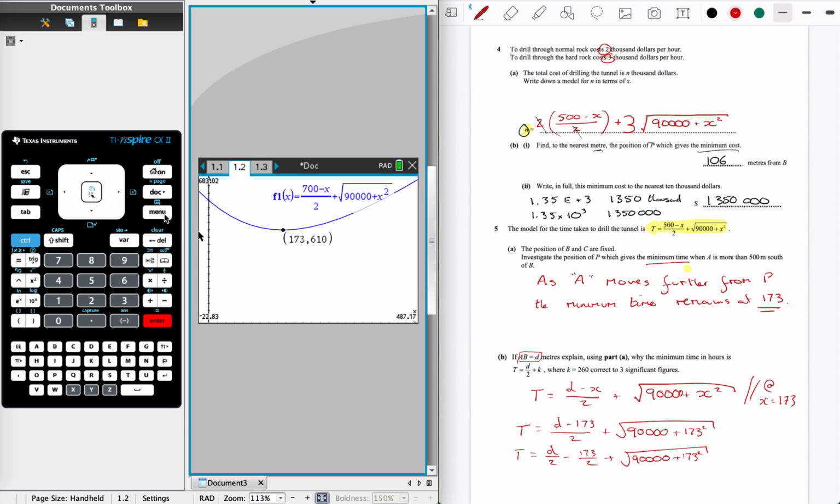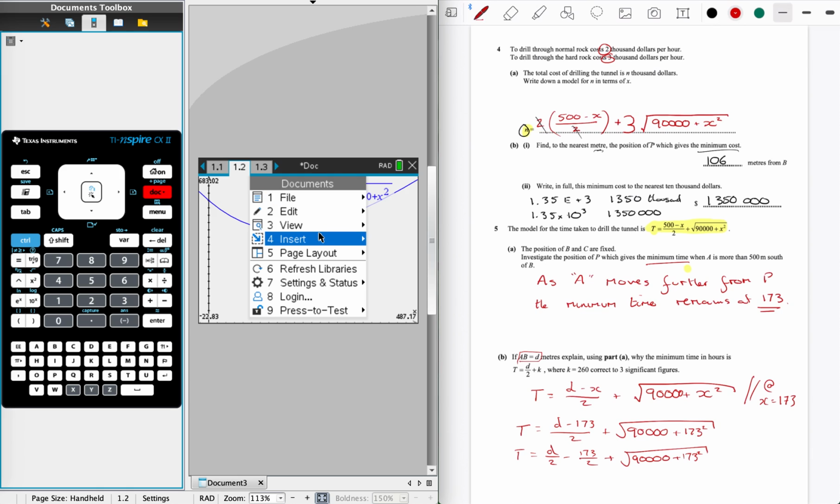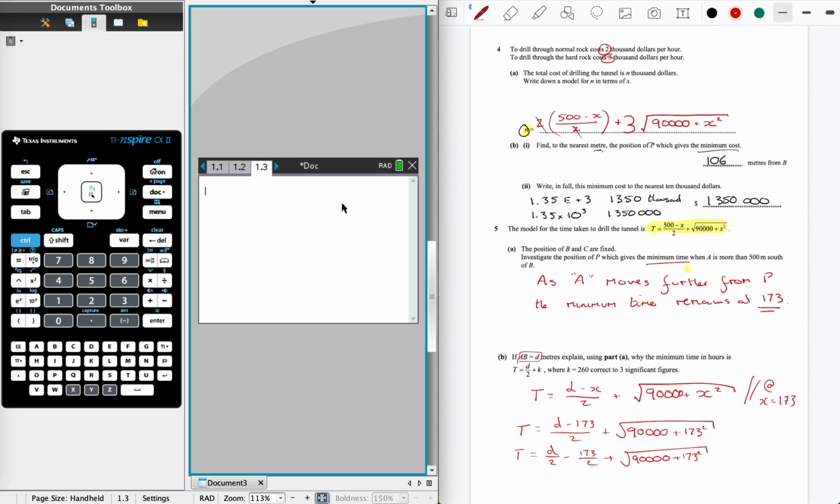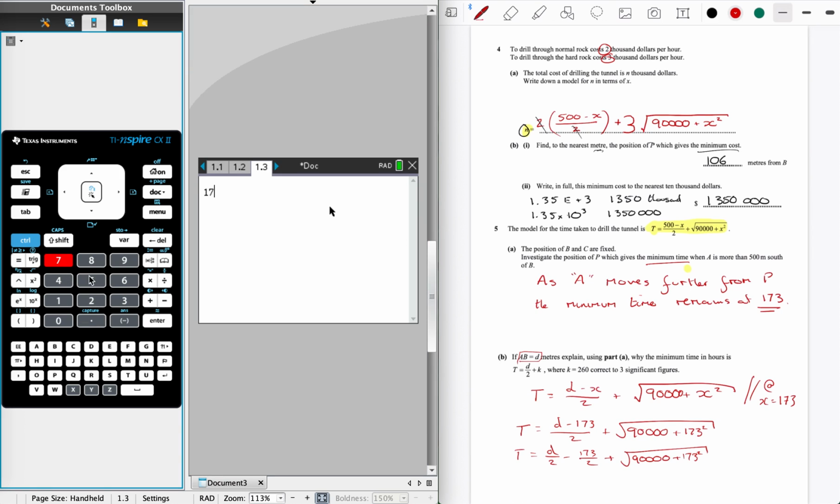Okay. Let's put this into our calculator. Doc, insert a new calculator. So we need 173 over 2, which gives me 86.5.